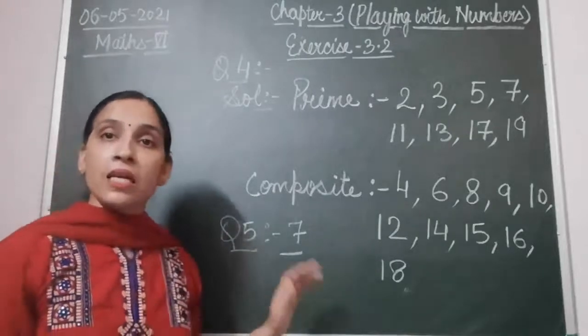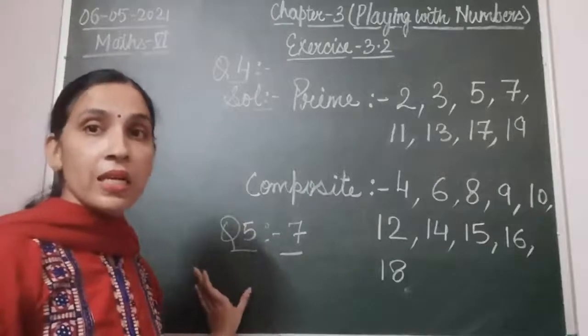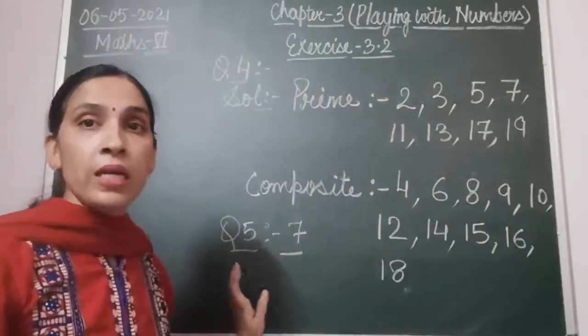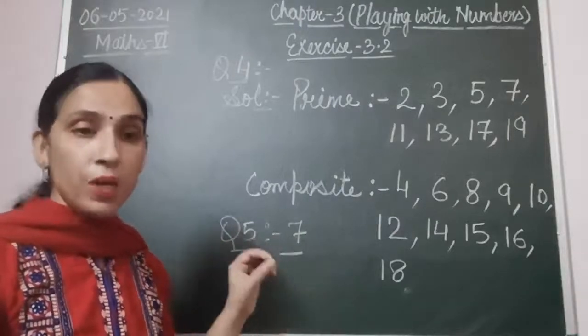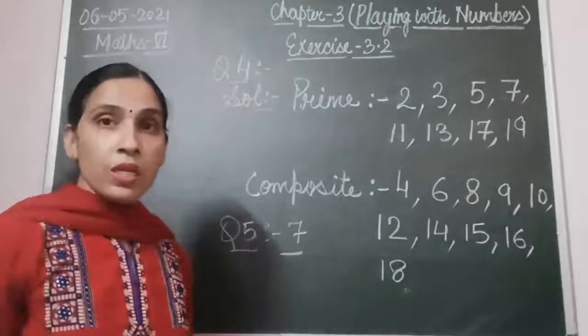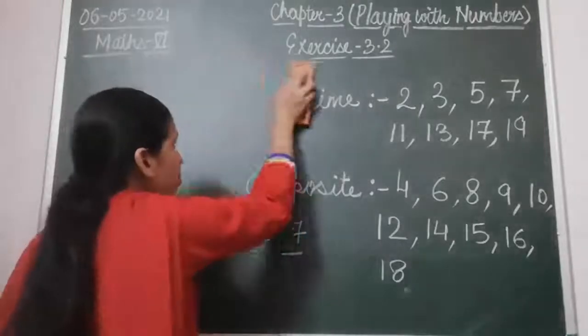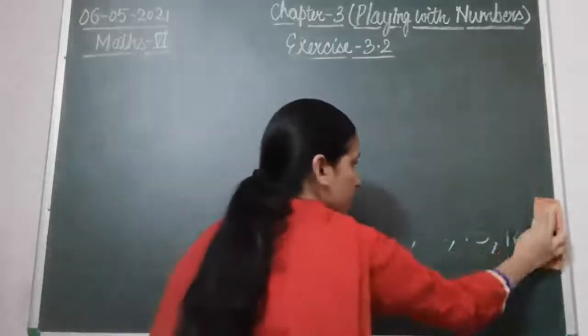In this way only you are going to write the solution in your copy. Now we'll come to the next question, question number 6. 4 and 5 we have done.